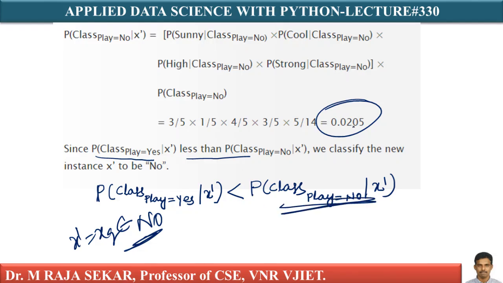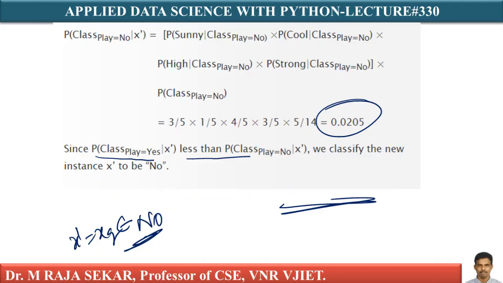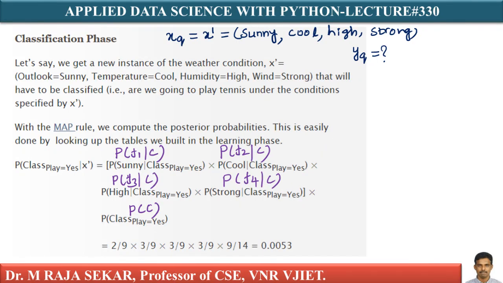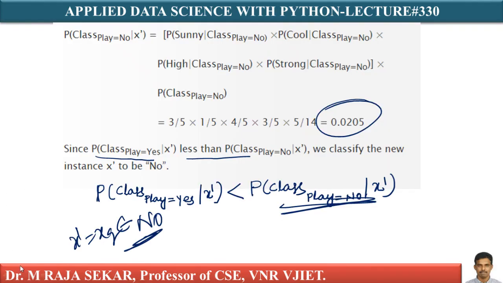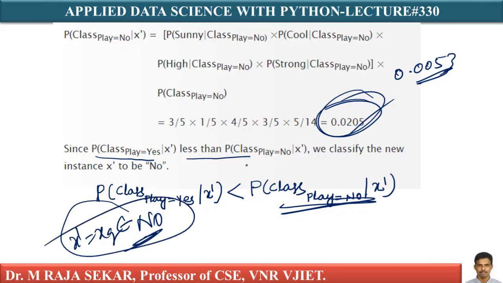This is 0.0205, the probability for the no class, whereas the probability for the S class is 0.0053. 0.0053 is less than 0.0205, which means the no probability is higher. Therefore, my query point belongs to the no class.